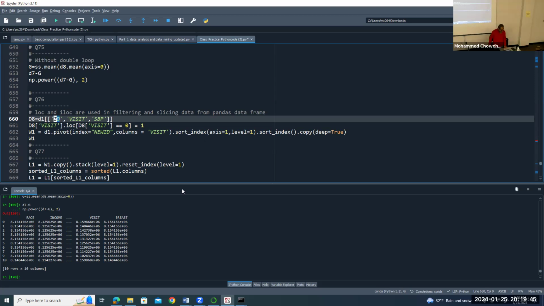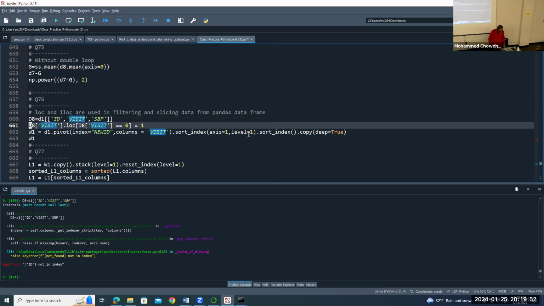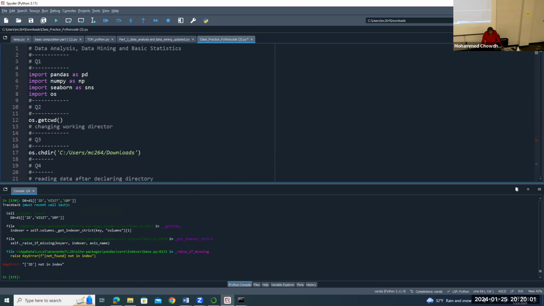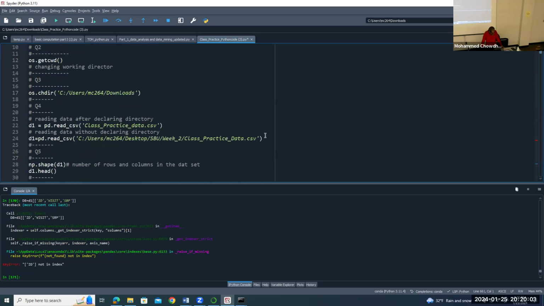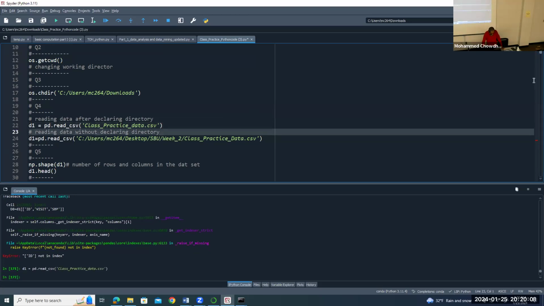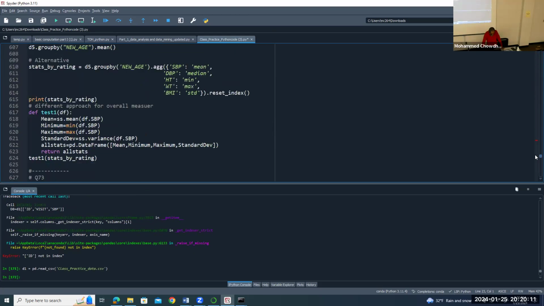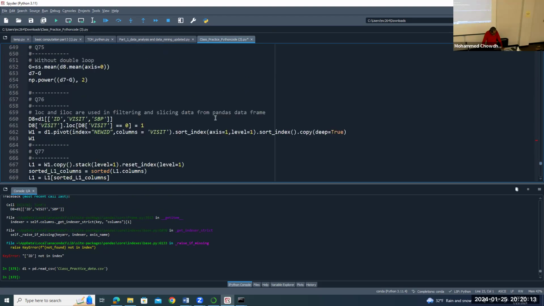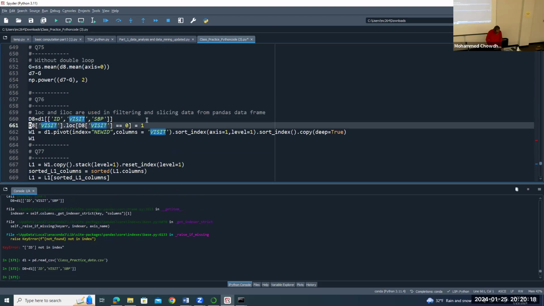Okay, so the original data is D1. From there, I took the ID variable, visit, and SBP. ID is not found in D1 data. Why? Let me run this data again. Okay, now come down to that place. Here you go.